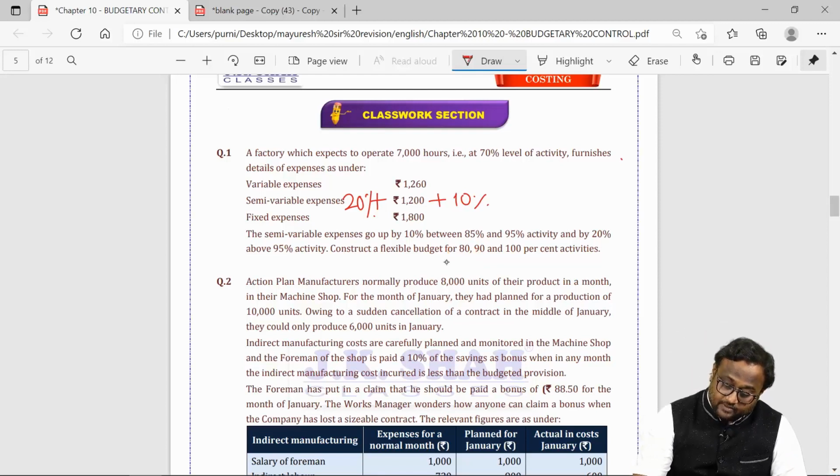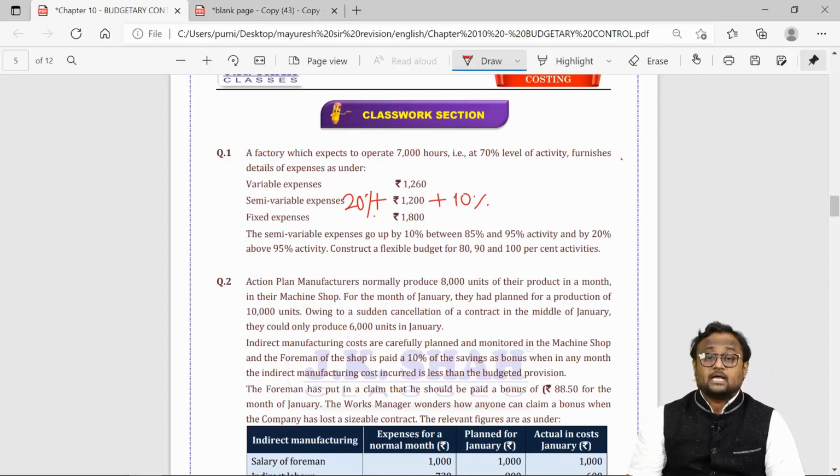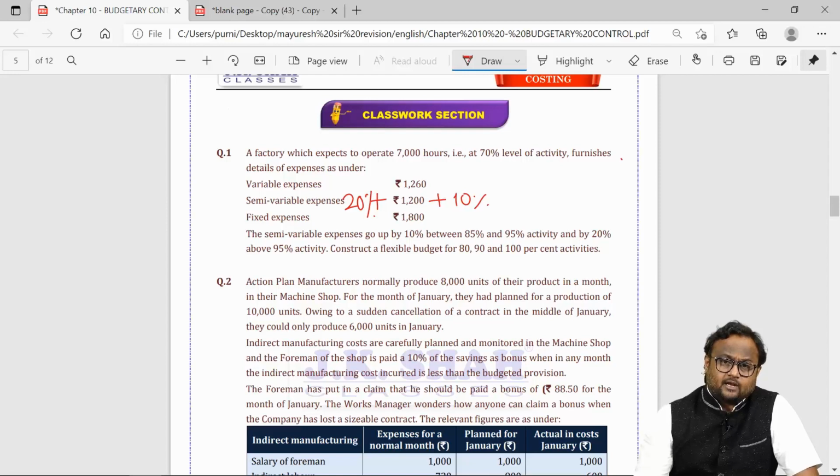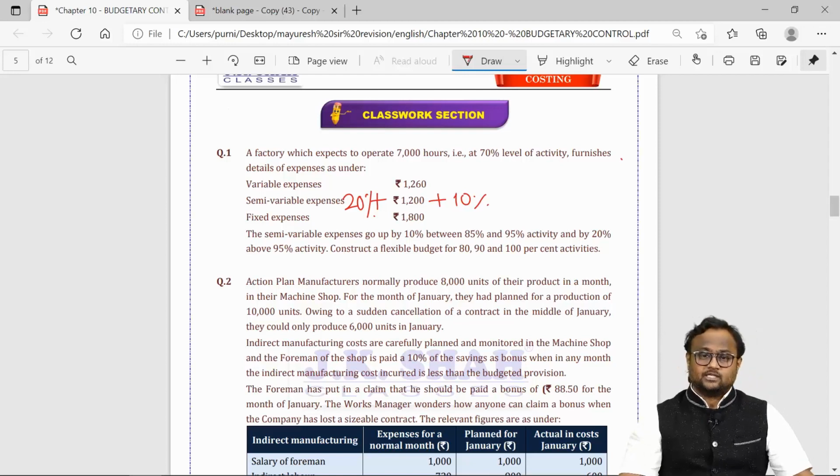And as far as 100% activity utilization is concerned, it is above 95, so 20% will be the rise. So 1,440 will be the semi-variable cost, and that's how you're supposed to find out. If there was a change, I would have recorded that change.